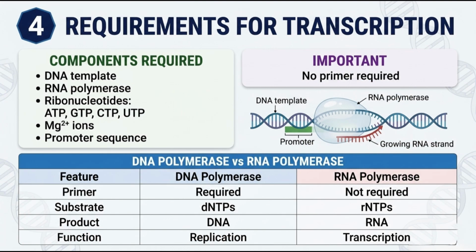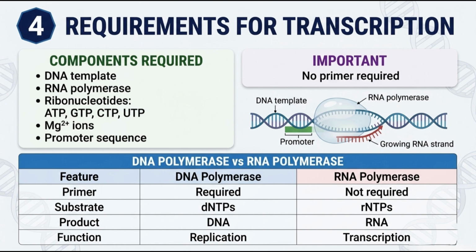Requirements for transcription. Several components are required for transcription. These include DNA template, RNA polymerase, ribonucleotides, Mg2+ ions, and promoter sequences. RNA polymerase catalyzes phosphodiester bond formation between ribonucleotides.